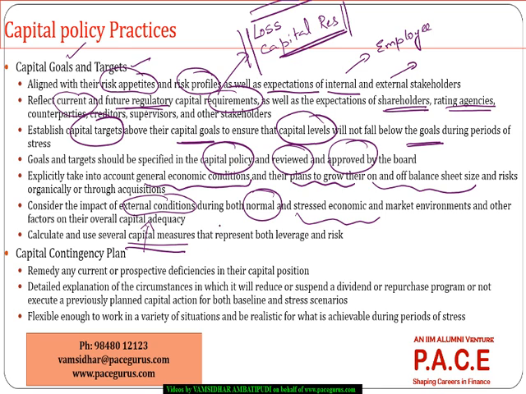Along with that, the company should also develop a very comprehensive capital contingency plan. If at all the worst situation is coming up, do I have a backup? So it's more about a remedy.